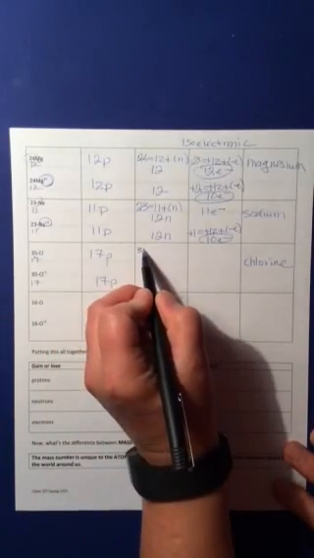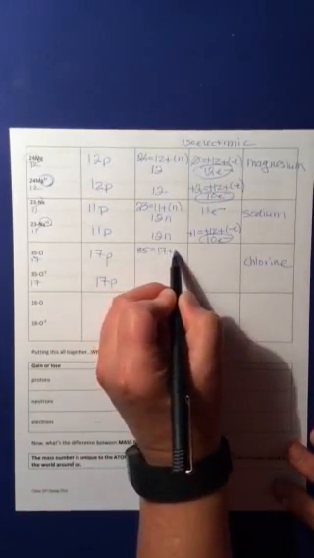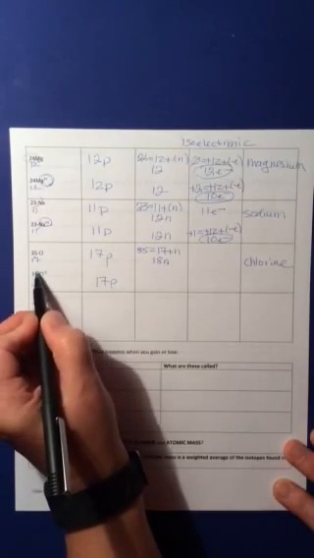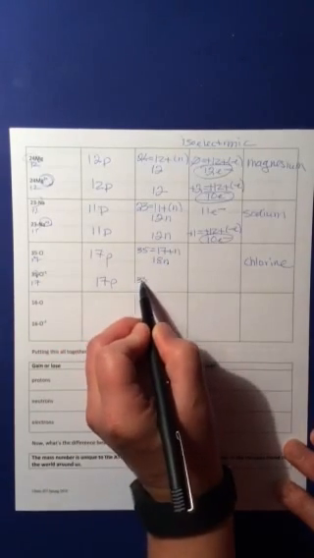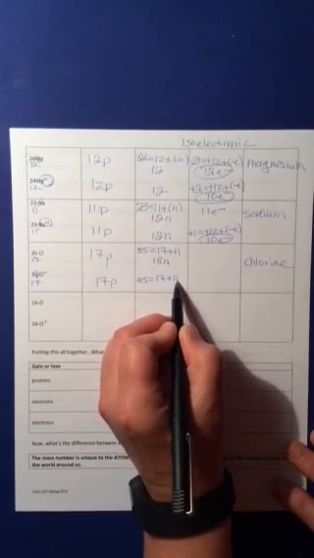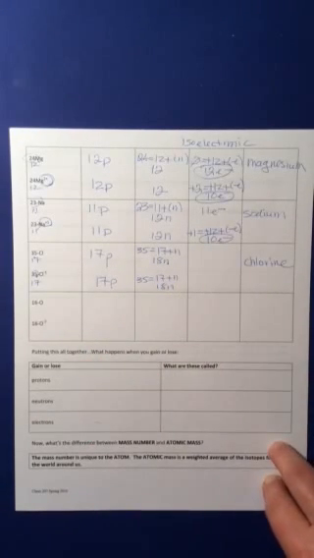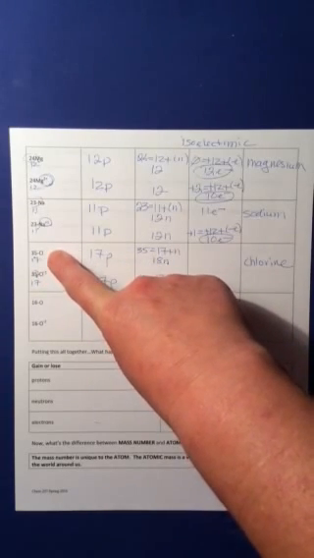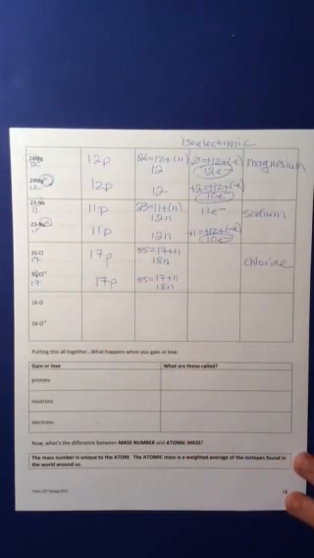Mass of 35 tells us we have 18 neutrons. Same mass, so we have 18 neutrons. So nothing has changed here. What has changed is the charge. We go from neutral to -1.